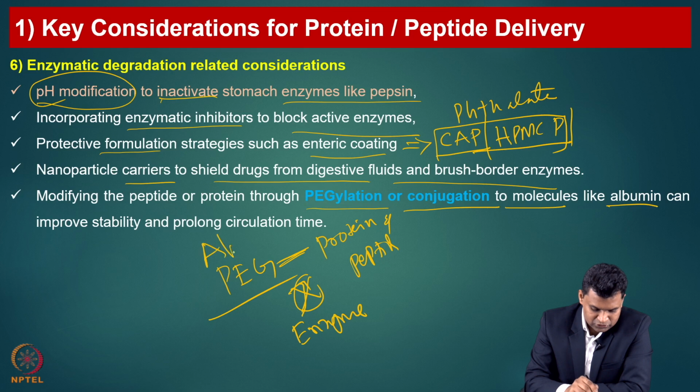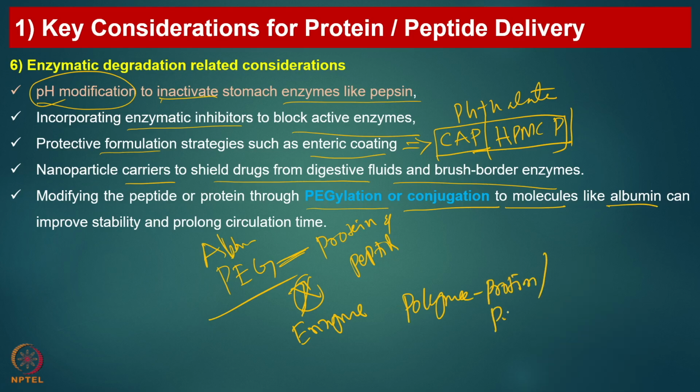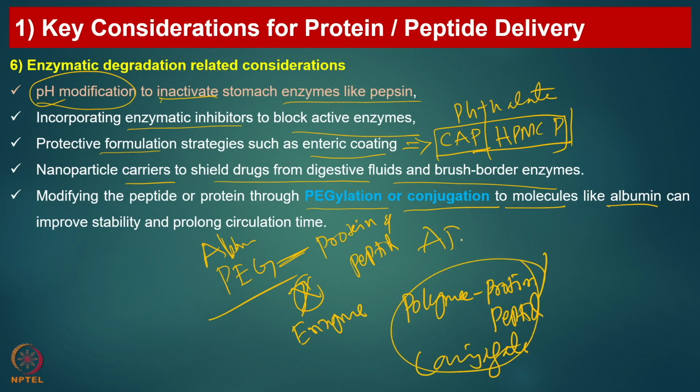Here we can use albumin, which gives polymer protein or peptide conjugates. The ADME profile of this molecule is completely different from the native molecule. With that we can improve the stability as well as circulation time.